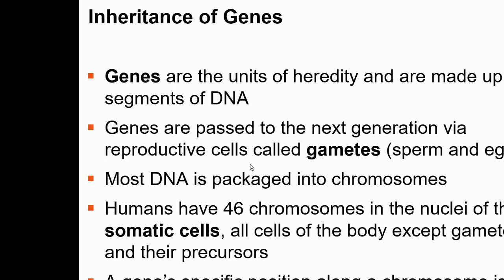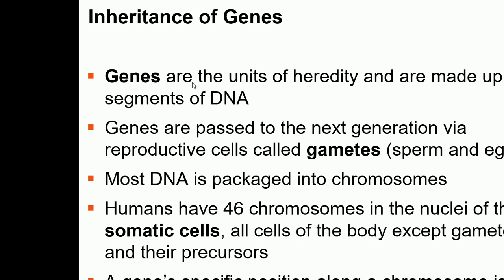Before we go into the phases of meiosis and the details of the events, we need to know some of the terms. We already know what genes are. Genes are units of heredity and they are made up of segments of DNA. The genes are present on the chromosomes. In chapter 12 we talked about what chromatin and chromosomes are.